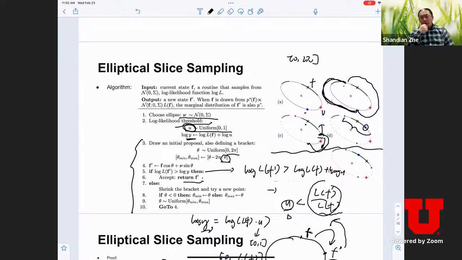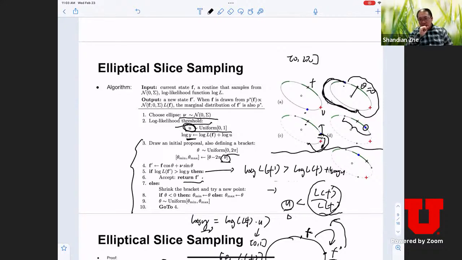I expected that you were going to explain. So when you set theta to be 0, then f prime will be f, right? Yes. If theta is bigger than 0, I assume you're drawing some samples on the right hand side.